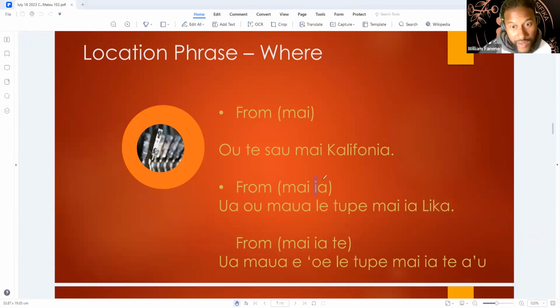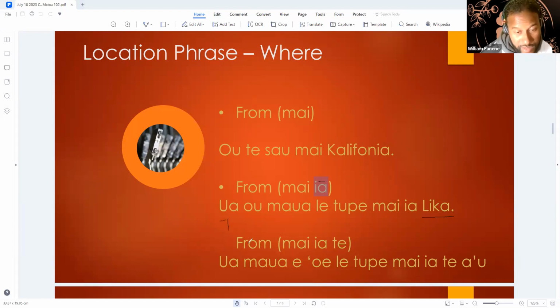So from, and then all we do is we just say the ya. Remember to introduce proper nouns, months, or plural pronouns. Okay, in this case, lika is somebody's name.